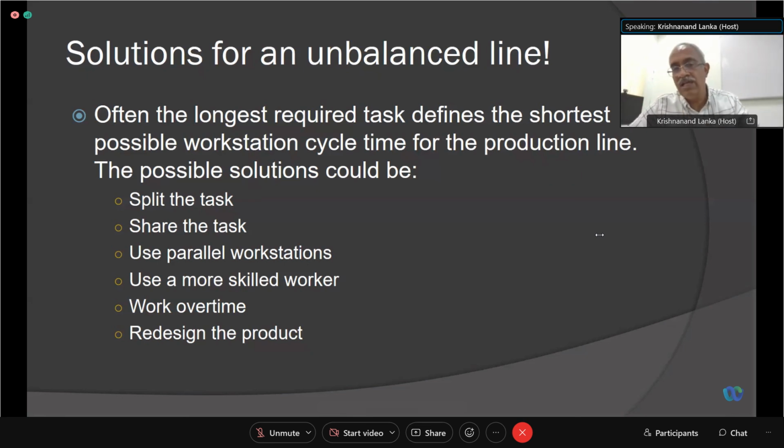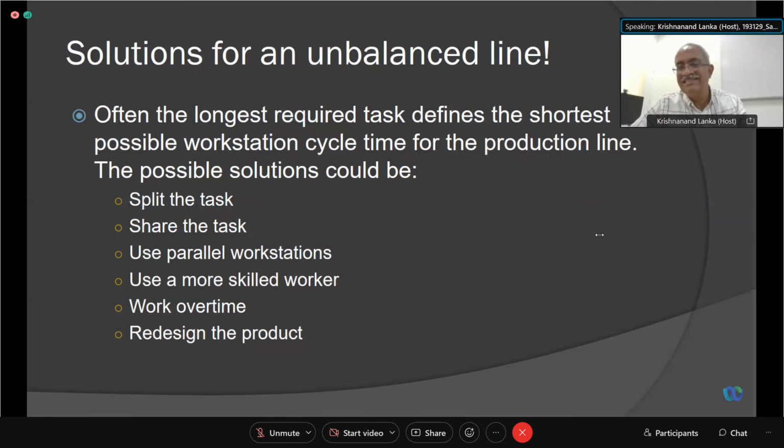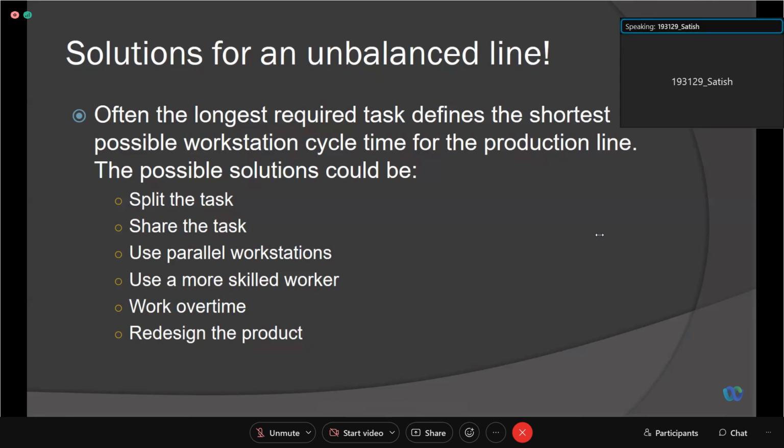scientific management. Who is that? F.W. Taylor. Who is the mother of industrial engineering? Henry Pale. The mother is considered to be Gilbert.